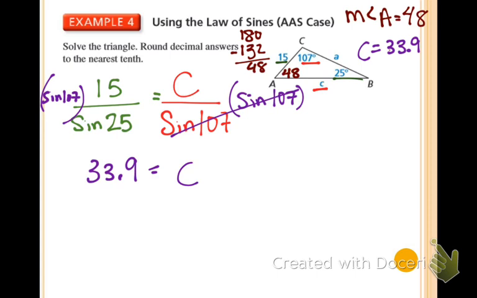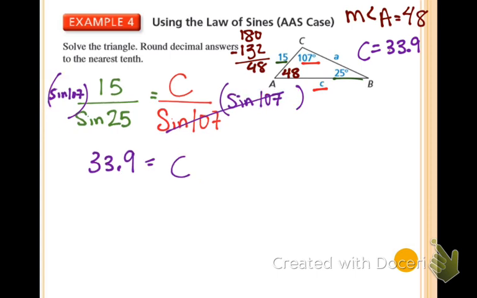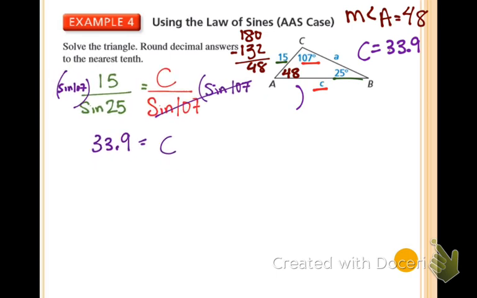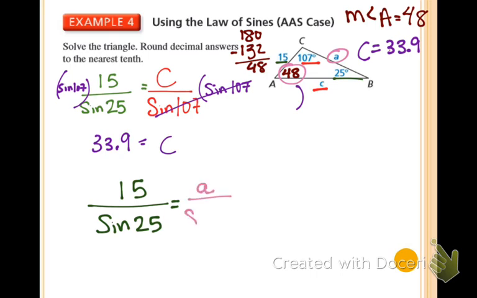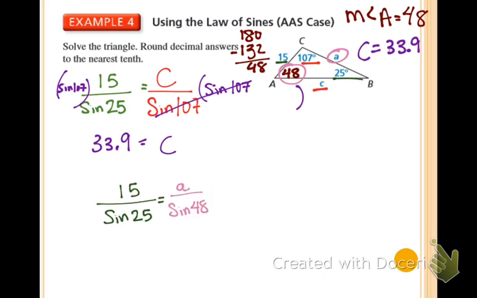All right, we're going to do the same thing for side A. So we use the same known pair, what I have in green. We're not going to change it. This is what they gave us, so we use it again: 15 over sine of 25. This time we want side A, so we use 48. So side A over sine of 48.